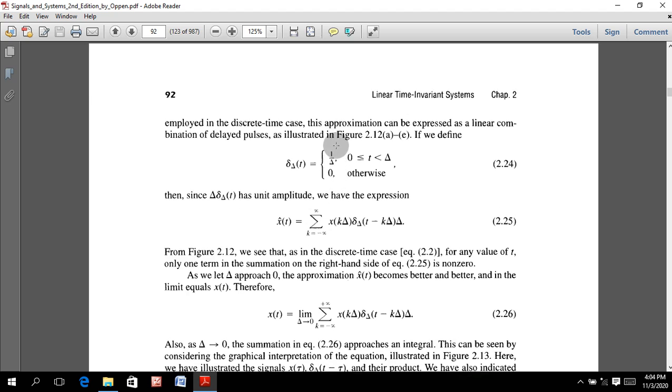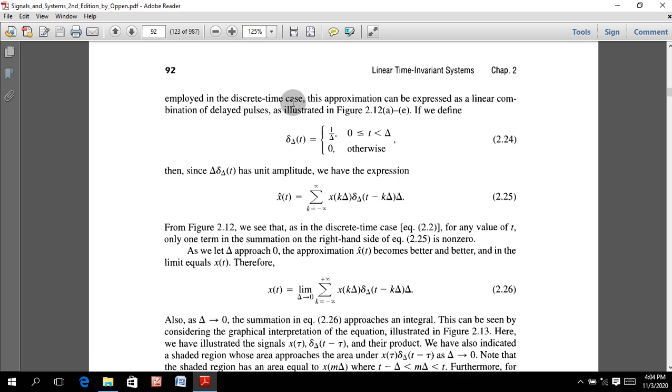If we continue with this graphical representation, we come to the mathematical representation, as employed in the discrete time case. The approximation can be expressed as a linear combination of delayed pulses. The function delta of t is 1 by delta, a finite value, when t is between 0 and delta, and 0 otherwise.